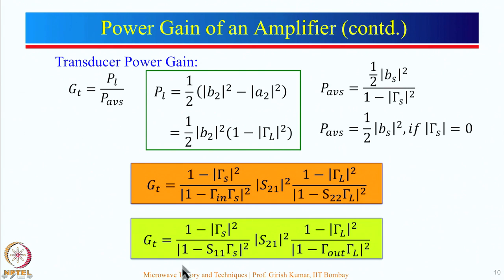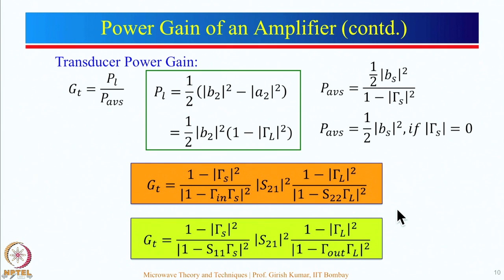Even though, as I mentioned earlier, this is the input side, gamma in depends upon gamma L. So, somehow dependence of output is coming over here. Similarly, in this particular expression, you can see there is a gamma out here, but gamma out depends upon gamma s. So, this output really speaking depends on again the input side.